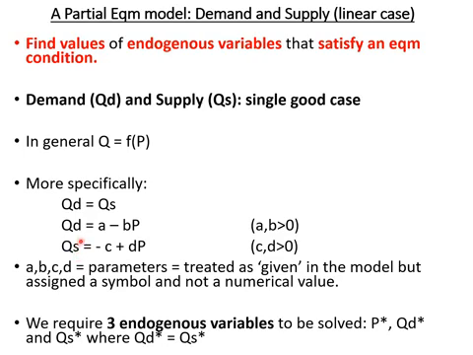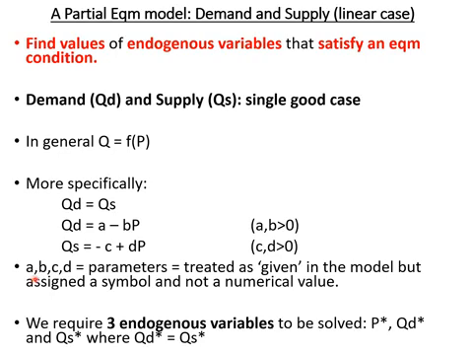All right, so these are the equations within our model, and we are going to use them in order to be able to identify equilibrium quantity and equilibrium price in this model.